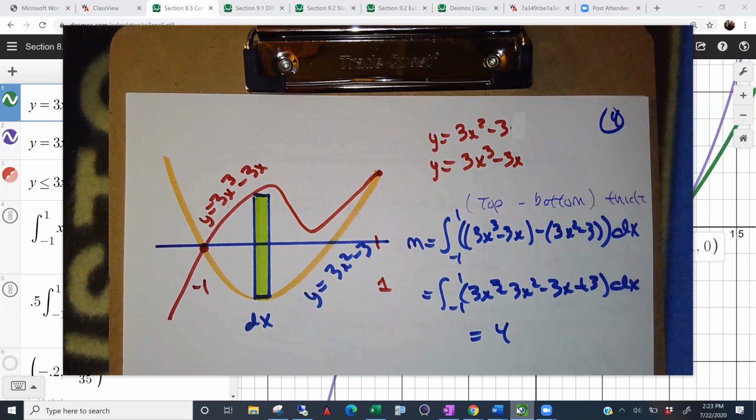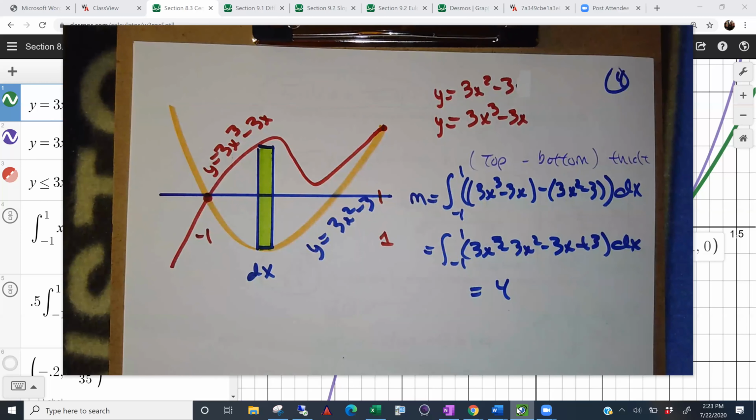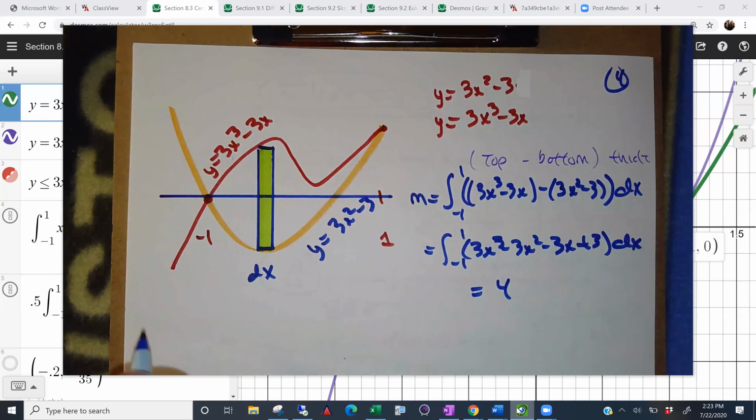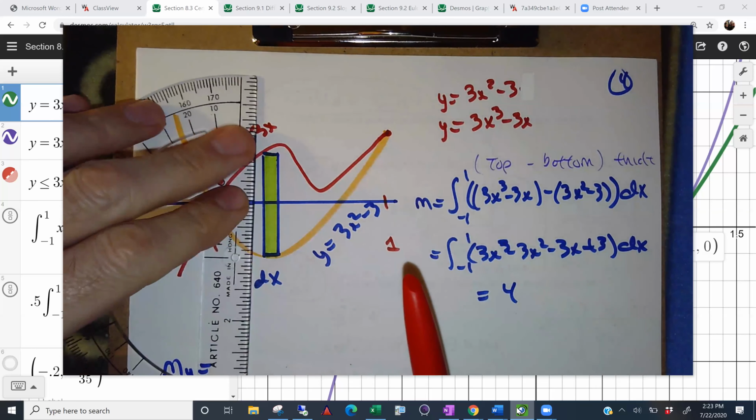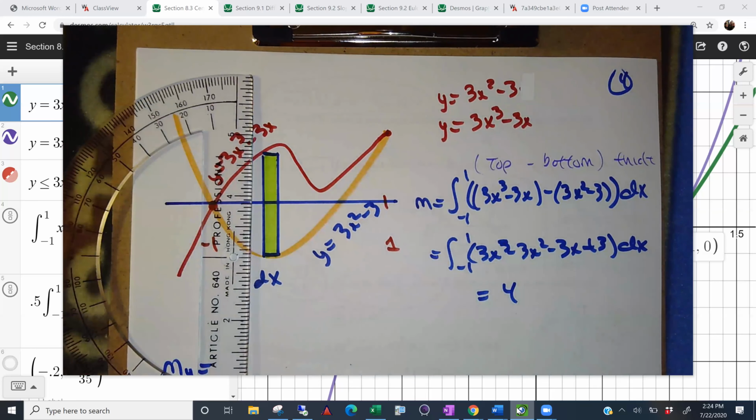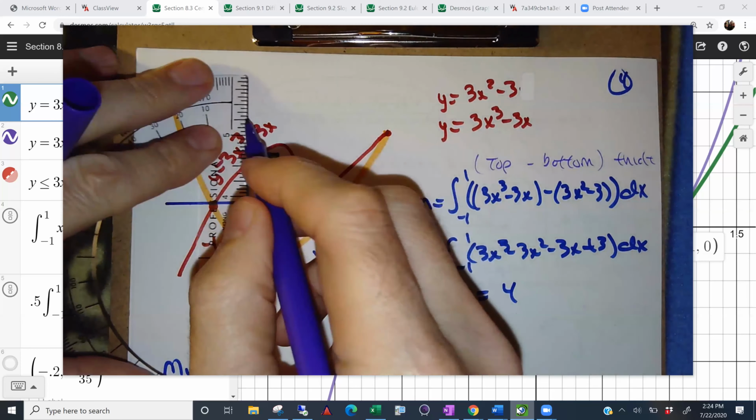The harder part is going to be finding M sub x and M sub y. So let's work with M sub y first. M sub y is going to be the tendency to turn around the y-axis. So let me squeeze in a little y-axis here for reference.